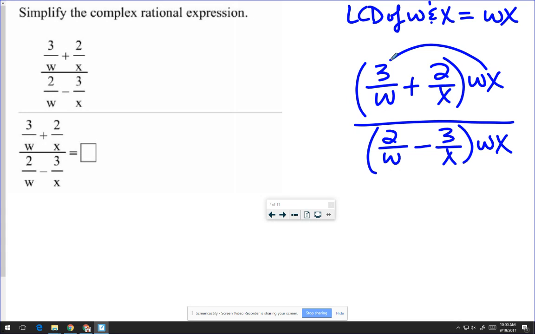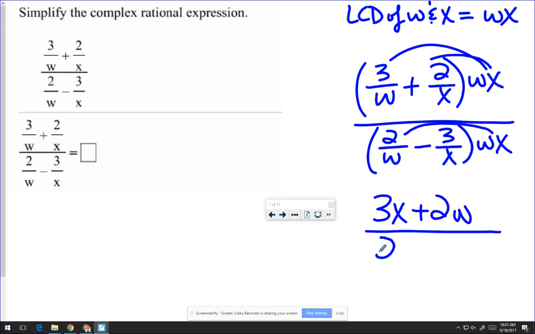Here, the w's would cancel and leave me with 3x. Here, the x's would cancel and leave me with 2w. On bottom, the w's would cancel and it would give me 2x, and the x's would cancel and give me 3w. These do not cancel. They are both binomials and they are not the same. I cannot cancel them.